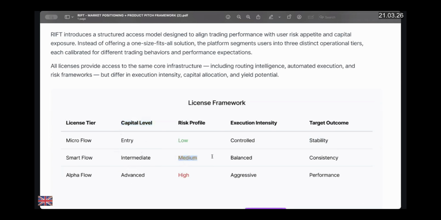Risk profile with Smart Flow is medium, and the execution intensity is balanced. It balances the risk modes. It does not cross the 3.5 to 4x risk mode. And then target outcome of Smart Flow is consistency in terms of generating profits, and leveling up, or keeping your portfolio always balanced and in profit.